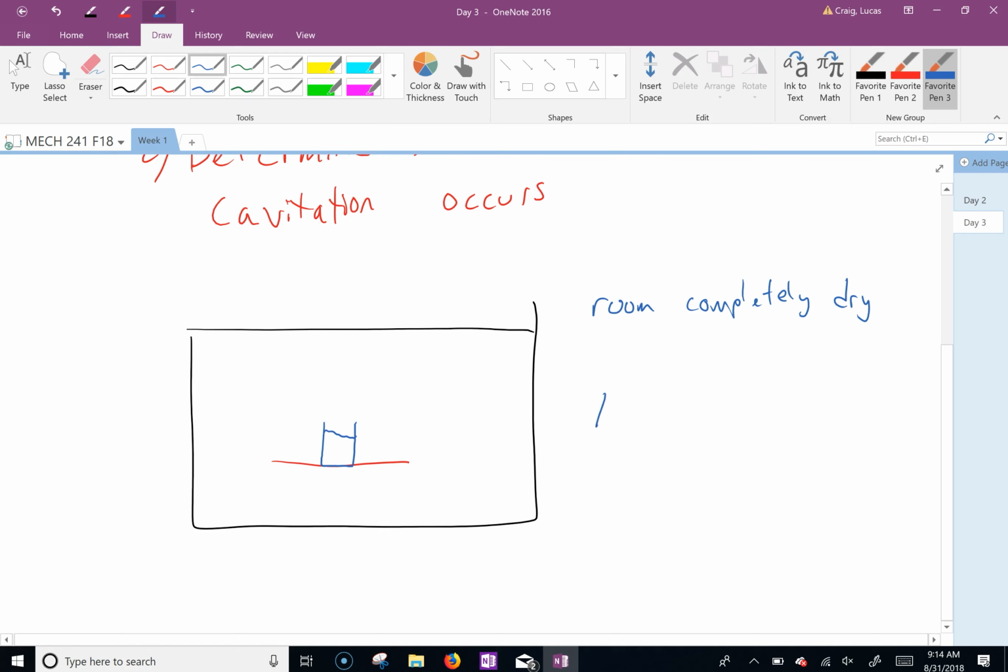Oh, and say we're at standard conditions. So around 20 degrees C, the temperature, and the pressure, let's say, is 1 atmosphere, in the room.